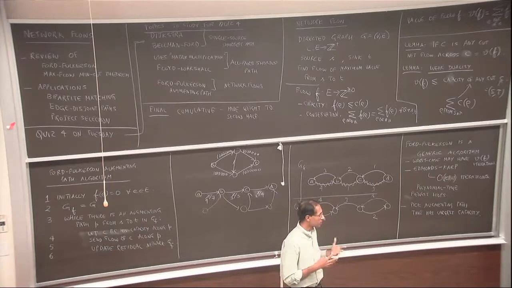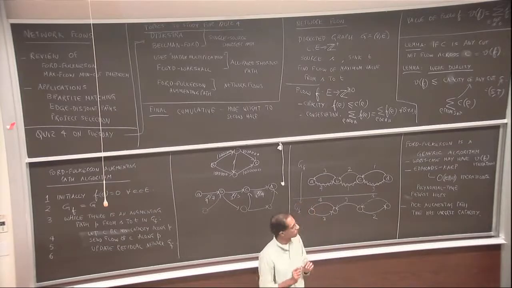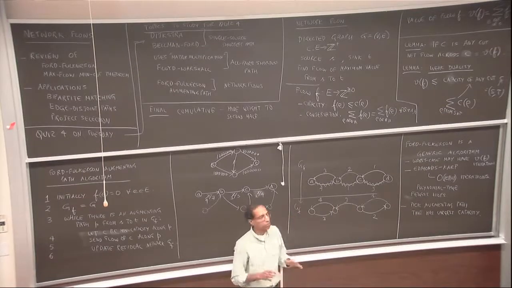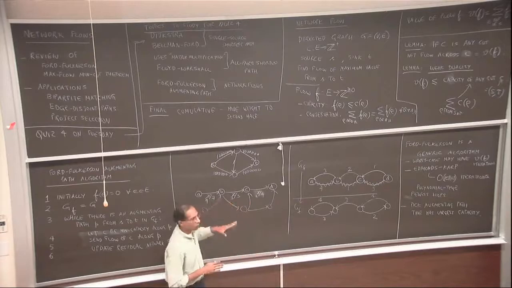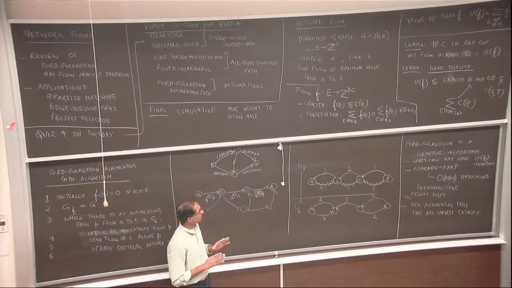In fact, just 2 years ago, or maybe more than 2 years ago, there was a beautiful result that showed that you can find almost optimal flows, not optimal, but almost maximum flows, in almost linear time, using completely different techniques. In fact, viewing network flows as electrical networks and things like that. So it's a really fascinating area.